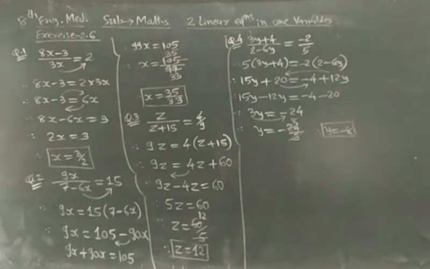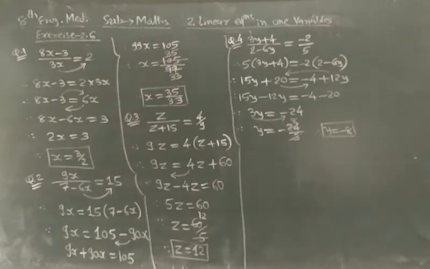Okay, but the method must be fixed. Don't change the method. Cross multiply all these terms. Okay. So do properly and practice one more time. So easily you will get the answer. Okay. Any doubts? Any difficulty? So ask on my phone number. Okay.